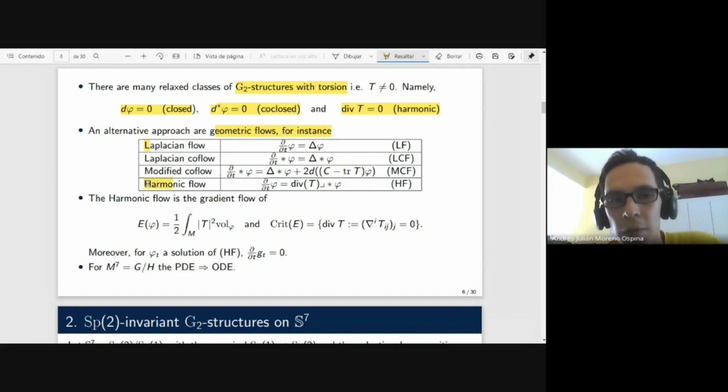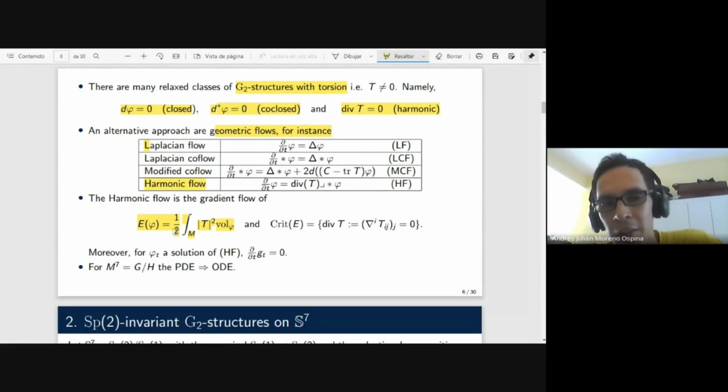But for the case of the harmonic flow, this PDE, this geometric flow equation, can be seen as the gradient flow of an energy functional.